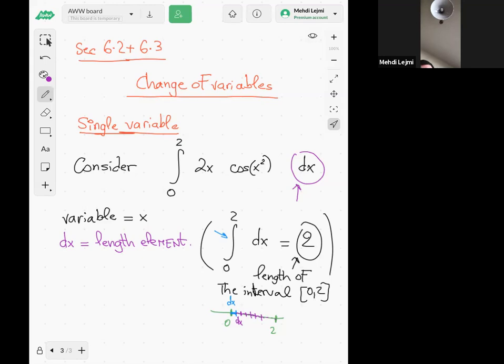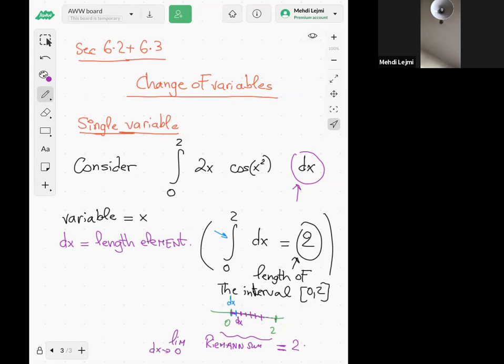Makes sense, right? Of course, you need the limit of the length of this subinterval, this dx, to go to 0. So you need this dx to go to 0. So this is equal to 2. All right.